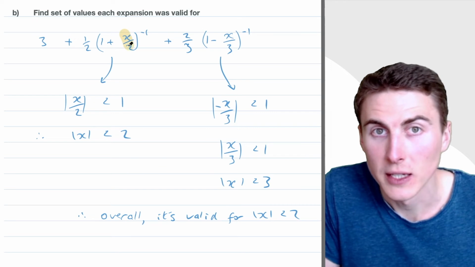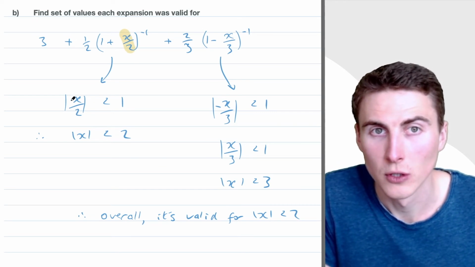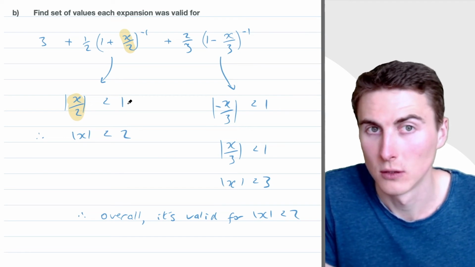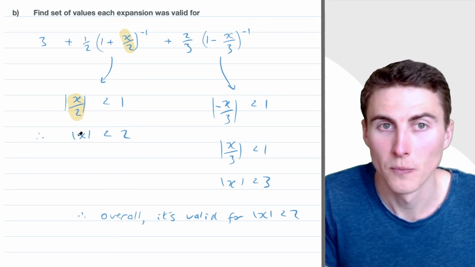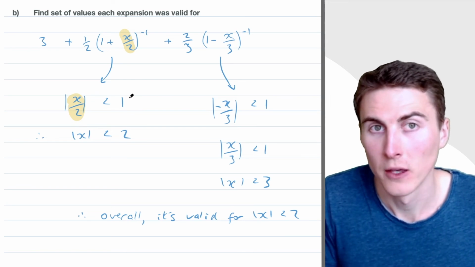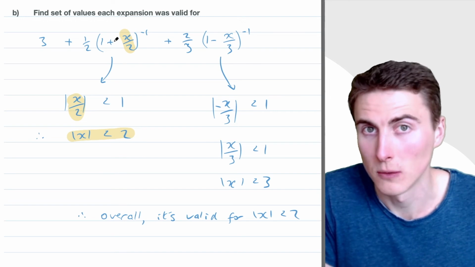And then remember, it's this bit here which is important for the validity. Because there's an x over 2, we know that the modulus of x over 2 is less than 1. So we can multiply both sides by 2 to find that the modulus of x is less than 2. So that's what's valid for this one.